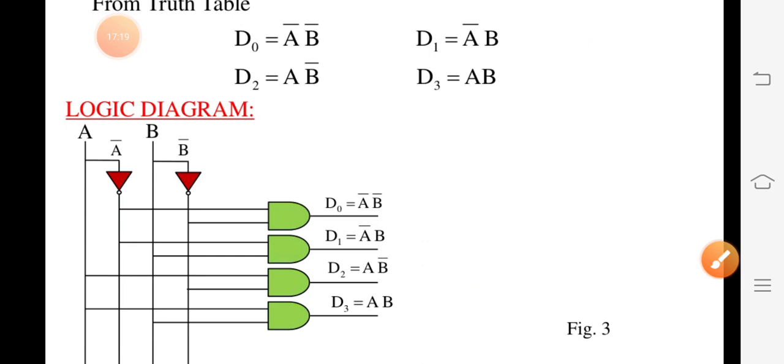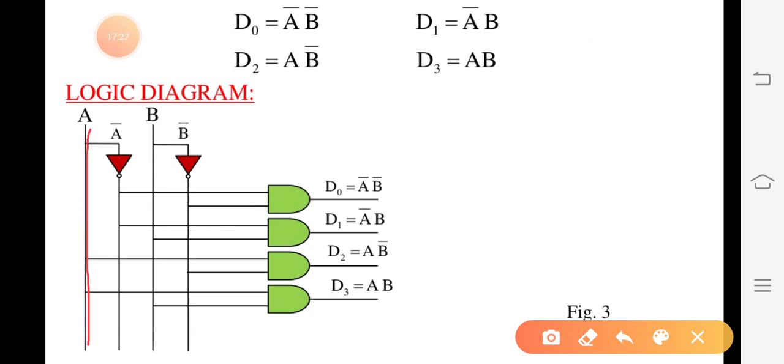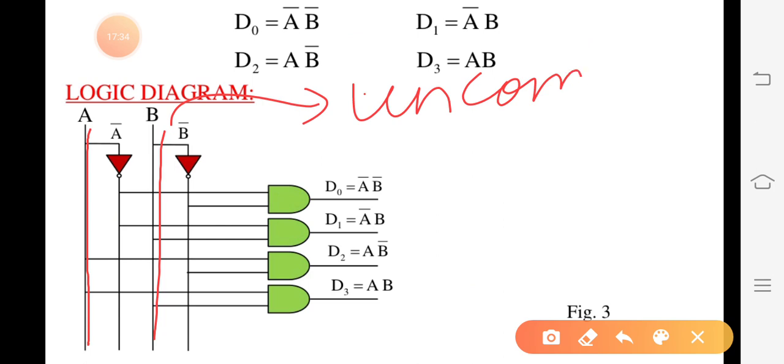Then after this, yes, look at here. Now this line A and B, these are known as uncomplemented signals.